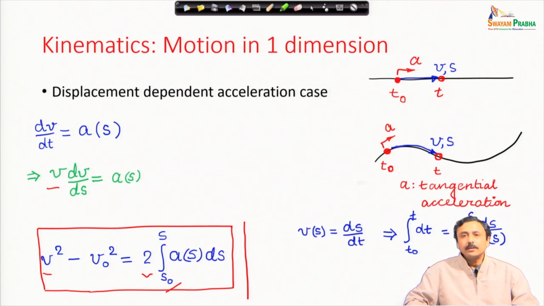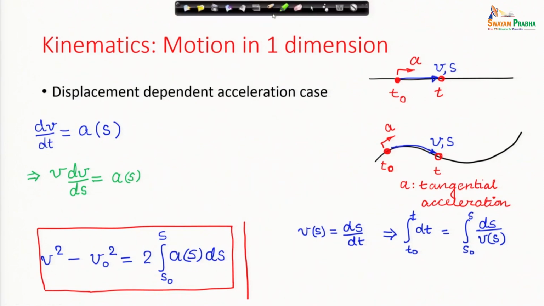Once I have velocity, again the same steps, I take under root, I bring this v square on this side and take under root. I have not written that explicitly, I am writing here v as a function of s, but you should understand that there is this under root quantity sitting, and so v at s is equal to ds dt.